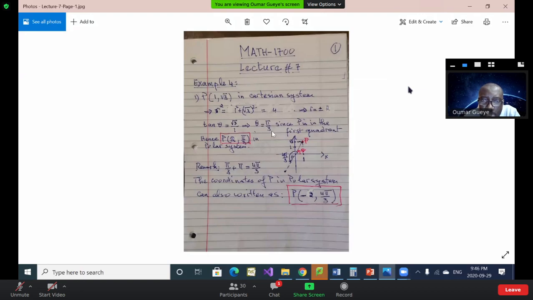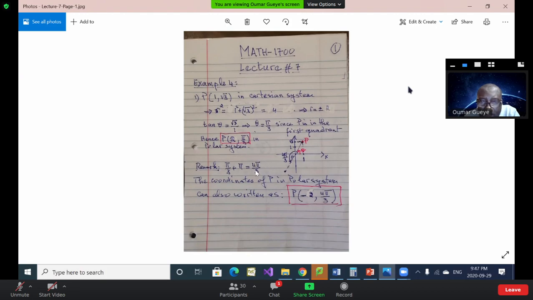The other possibility is the other angle for which tan equals √3, which is 4 pi over 3. The tan of 4 pi over 3 is equal to √3. It means this value of theta also satisfies this condition. It's also one possible solution. And this angle is in the third quadrant. But I know my point cannot be here.